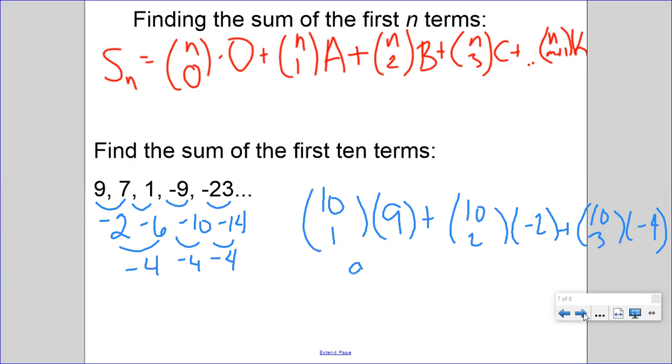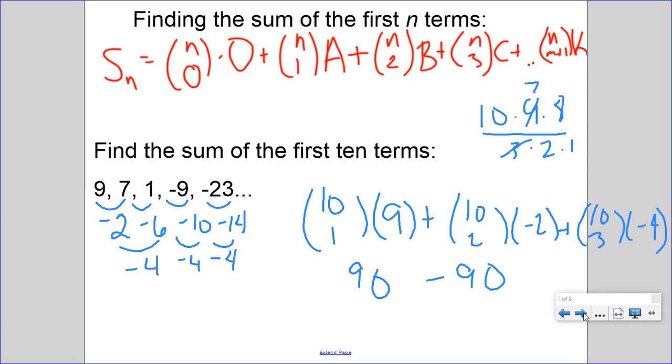So that's 90. 45 times 2 is -90. So those cancel out. And then 10 choose 3 would be 10 times 9 times 8 over 3 times 2 times 1, so that's 120. So -480 is our sum.